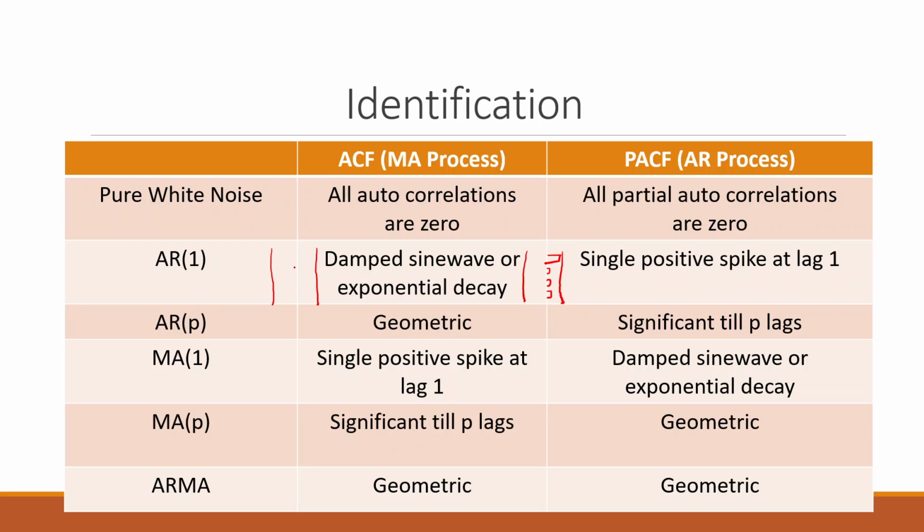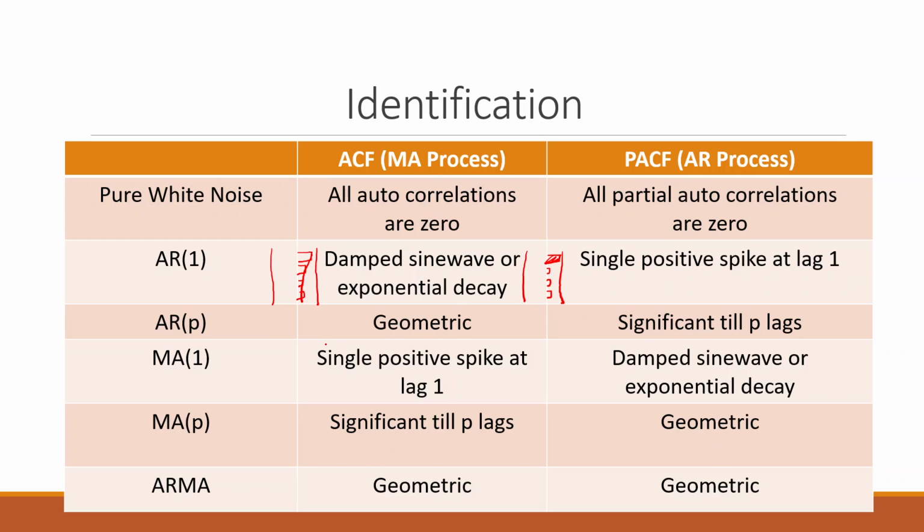Moreover, in the MA process, there will be spikes which have some geometry like this. So it is an AR1. Here only one spike will be there.